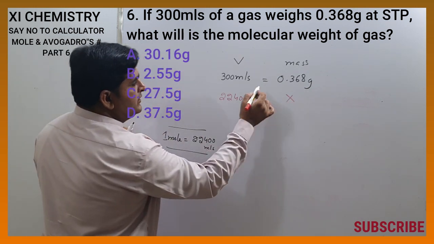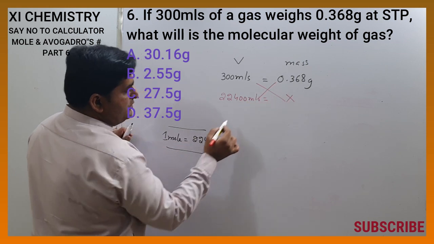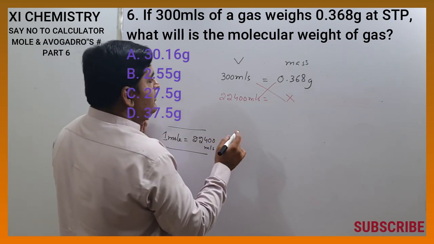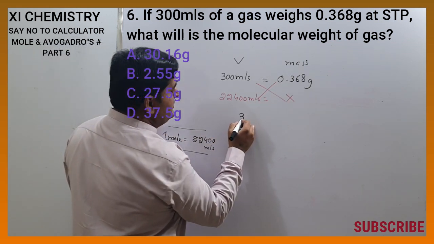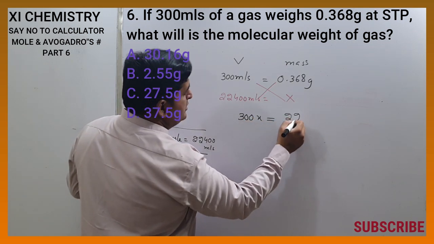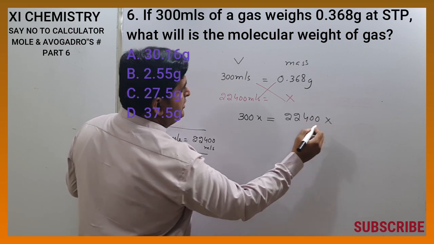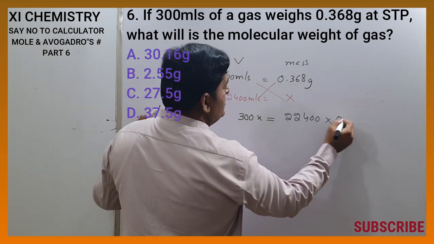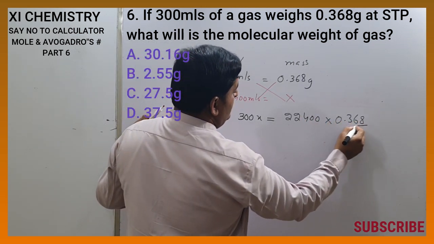To find the molar mass, we will do cross multiplication. In cross multiplication, our equation becomes 300 x is equal to 22,400 into 0.368.